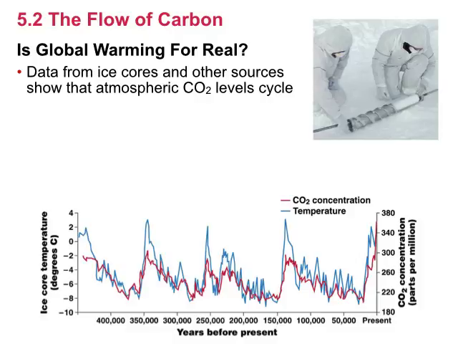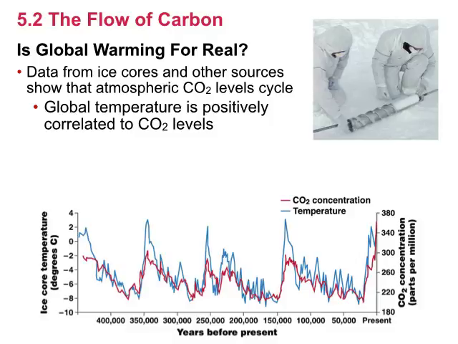And you can see that the global temperature, shown in blue in this graph, is positively correlated to CO2 levels. So every time there is a spike in CO2, there is an increase in temperature. And then as CO2 decreases, temperature decreases, right?